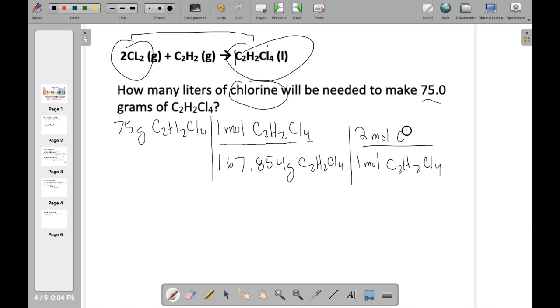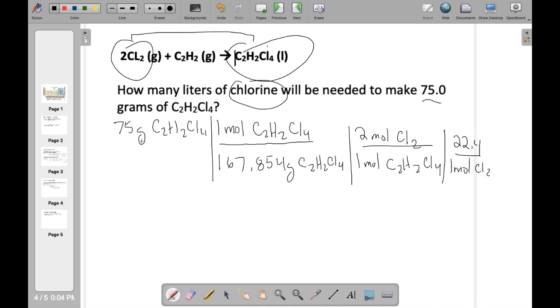Two moles of chlorine gas. But I need liters. If I stopped right here, I would have moles of chlorine gas. So I know 1 mole of chlorine gas is equal to 22.4 liters.